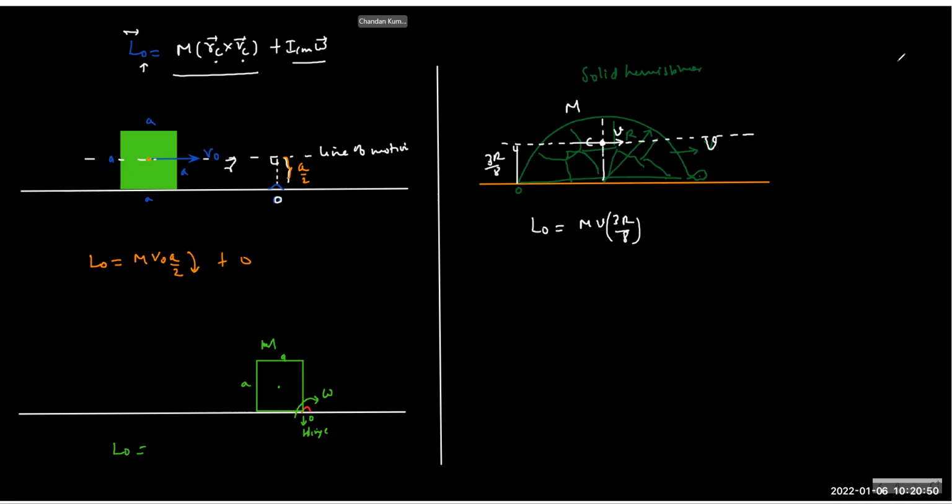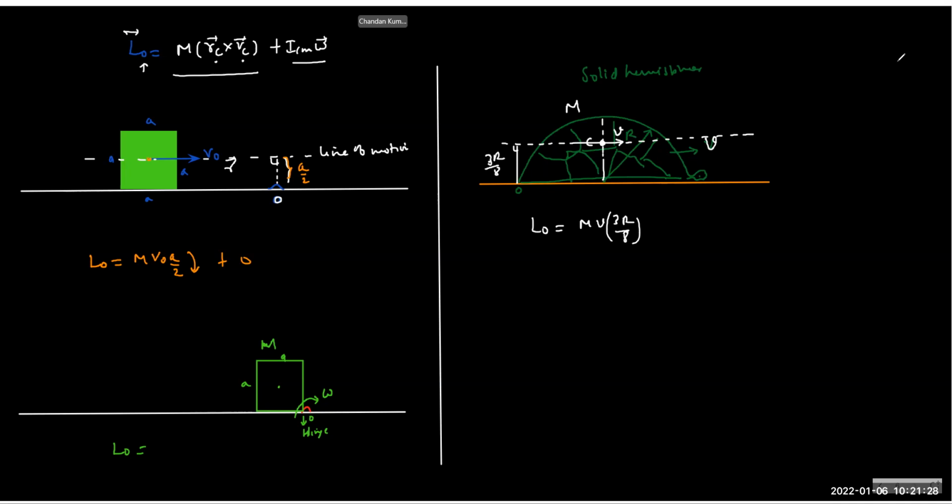No. Sir, is it omega m a square into root 2 plus 3 by 6 root 2? No. So what is the first term? Tell me the first term first. 2 m a square omega.